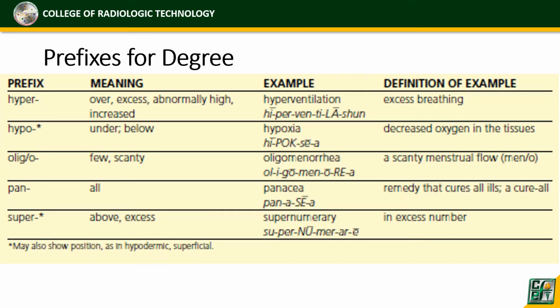Next is prefixes for degree. So we have hyper, which means over, excess, abnormally high or increased.